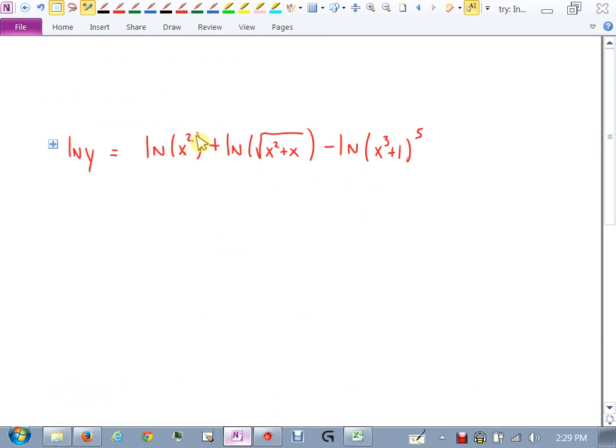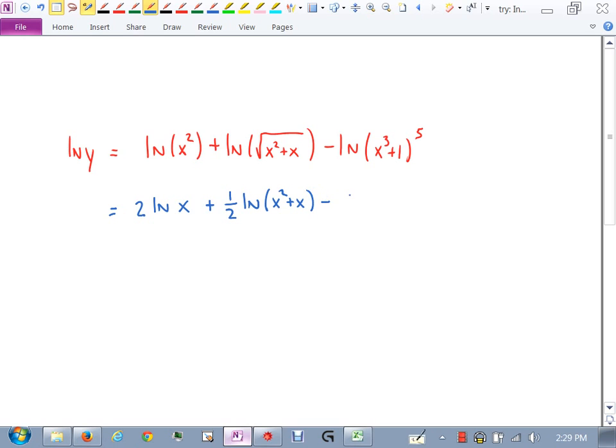How about this 2 on the x squared? Yeah, I can pull that 2 out. And look at this. Isn't all of this really raised to the 1/2? So can I pull 1/2 out of that? Okay, 2 natural log of x plus, you said the 1/2 comes out. What's still in that natural log then? x squared plus x.